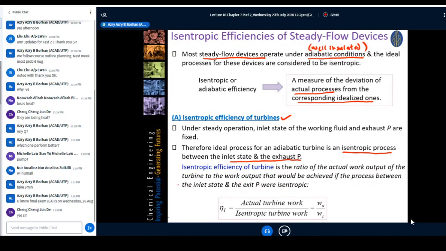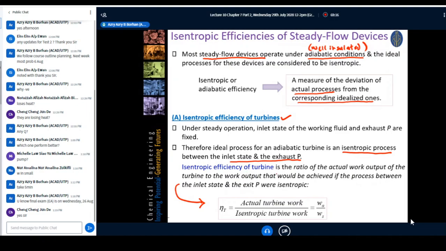So when we represent this in terms of an equation, this is the symbol of isentropic efficiency, eta T for turbine, equivalent to actual turbine work divided by isentropic turbine work, which is equivalent to Wa over Ws. Remember, subscript a represents actual, subscript s represents isentropic.